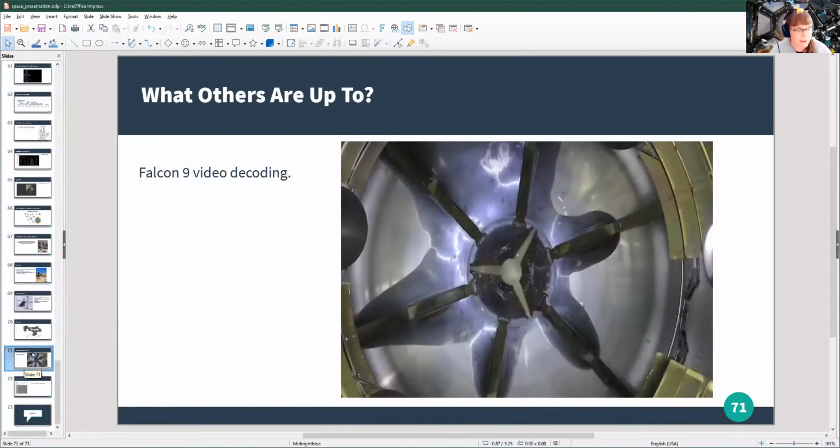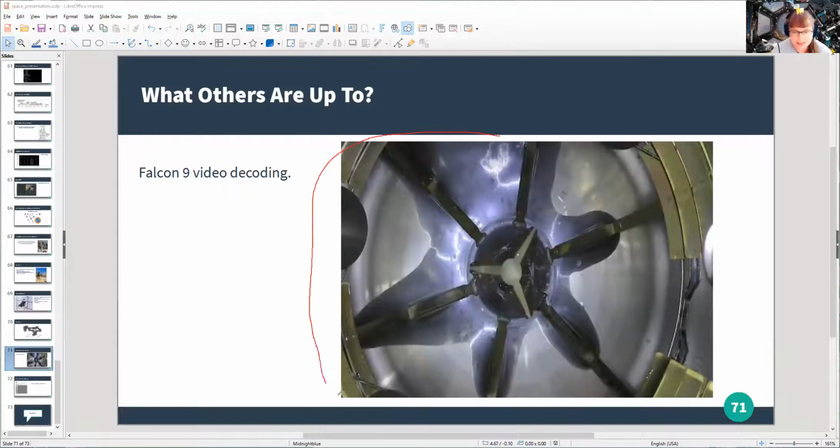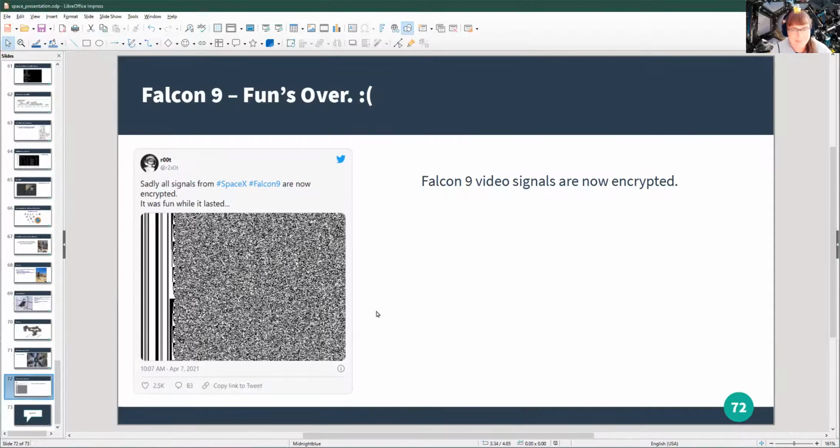So they ended up getting the raw data from the Falcon 9 rockets that were going up and getting things like internal tank data, images of what's going on inside the tanks of the Falcon 9 rockets. And apparently SpaceX did not like that because now these Falcon 9 video signals are all encrypted.